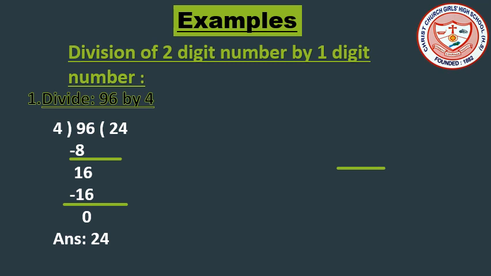So we are going to write 2 in the quotient and 8 in the tens column below the dividend. Right? Now, if we subtract 9 minus 8, it gives us 1.